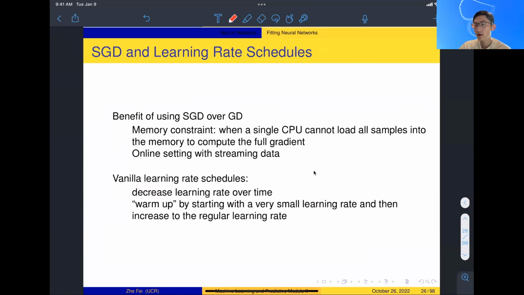There are also variations of SGD you might encounter in real life, and there's no rule of thumb for which algorithm is the best, but people just have empirical experience, and you might want to try different algorithms to see which one might give you the best solution.